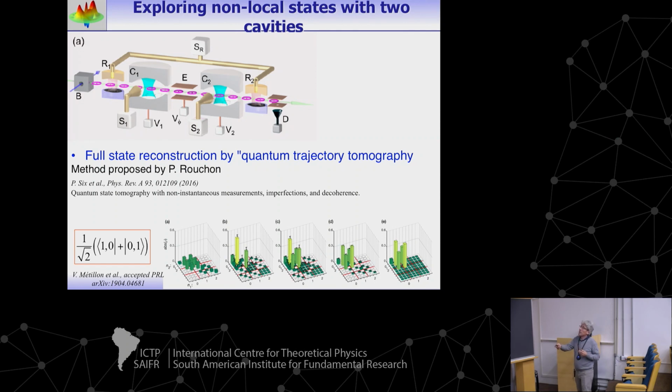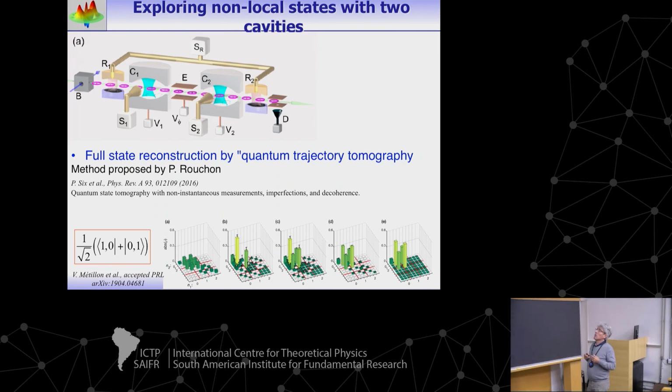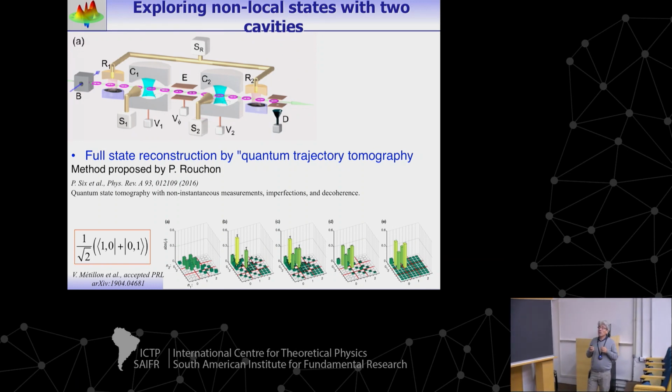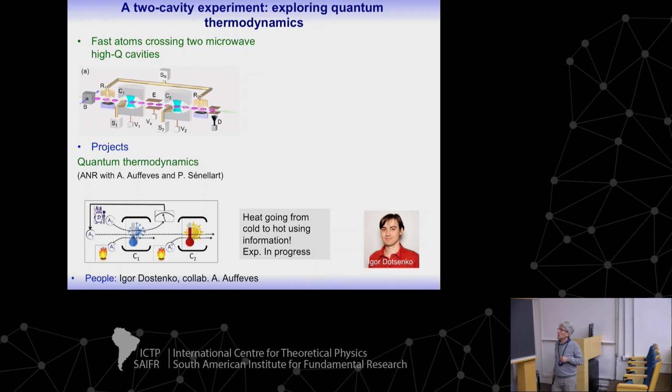Here we implement a method which optimizes this and allows us to gather information to reconstruct the state, not by using just one atom having interacted with the prepared state and preparing it again, but by using a chain of atoms and getting all the information of a quantum trajectory that you monitor after preparation of the state. And then we have this state reconstruction.